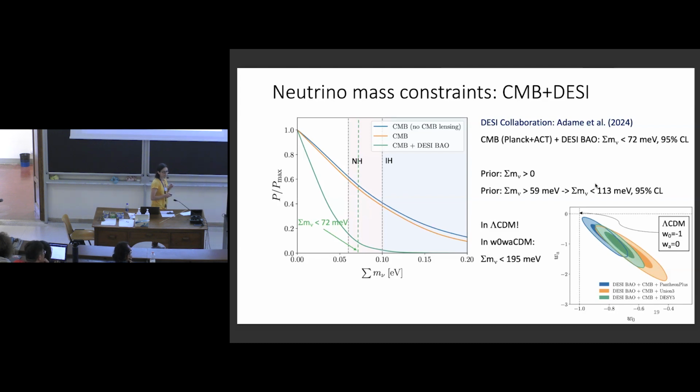The delta chi-square is worse. Now I don't remember exactly how much the delta chi-square is. I should look at the paper, but the delta chi-square is worse. Worse than the alternative, which is varying dark energy? Exactly. But I'm not part of the DESI collaboration, so I should really look at the paper.